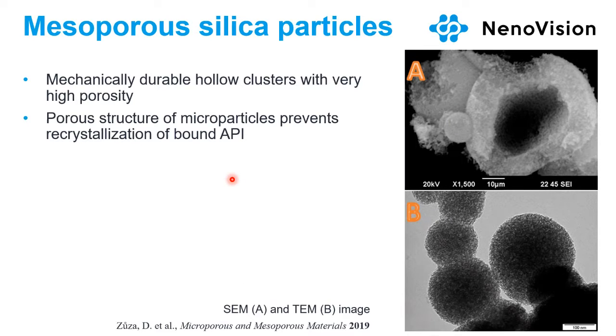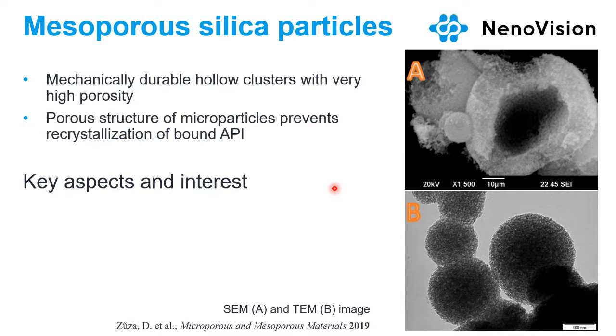I'd like to introduce the particles we're going to study. So we have here SEM and TEM image of clusters, mechanically durable and hollow clusters. As we can see in TEM, they are quite porous. And the porosity is there in order to prevent the ingredient from recrystallization.